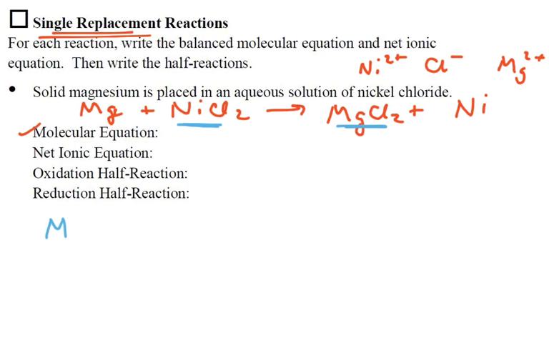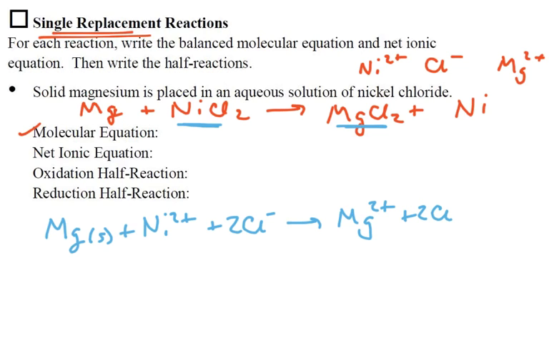We have magnesium, which is a solid, and nickel ions, and 2 chloride ions, and that turns into magnesium ions and 2 chloride ions and neutral nickel. We can see the chlorides on both sides of this equation are not changing. So for the net ionic equation, we leave out these ions that aren't doing anything, and we call those spectator ions.